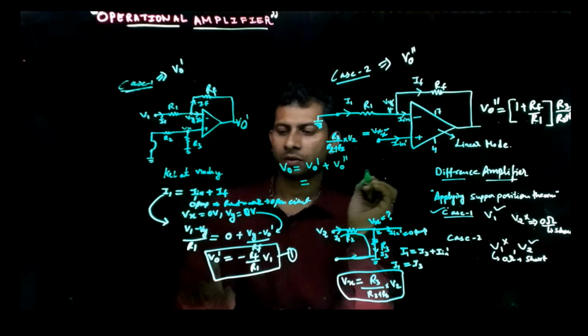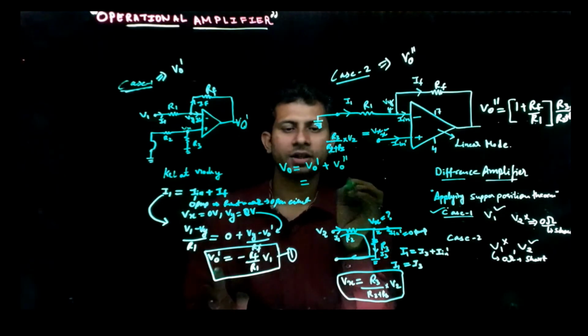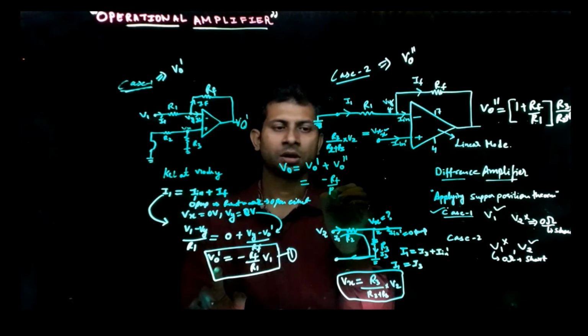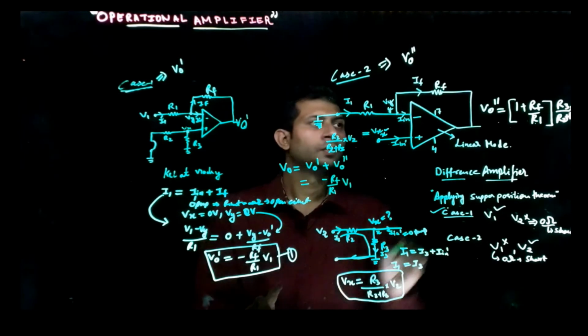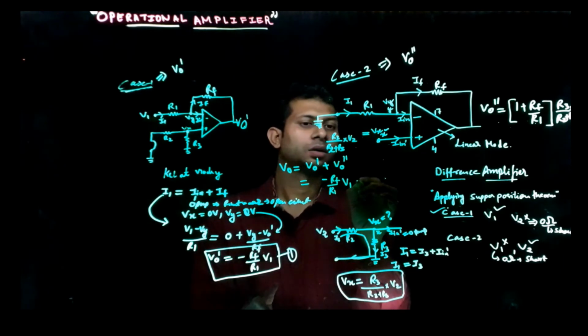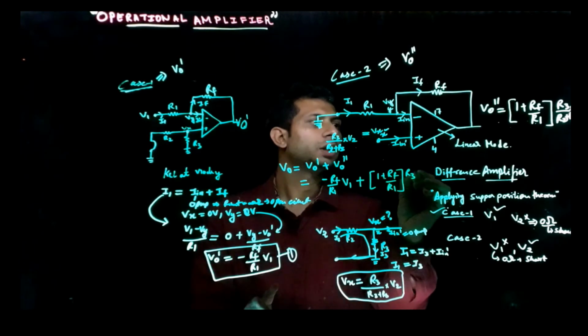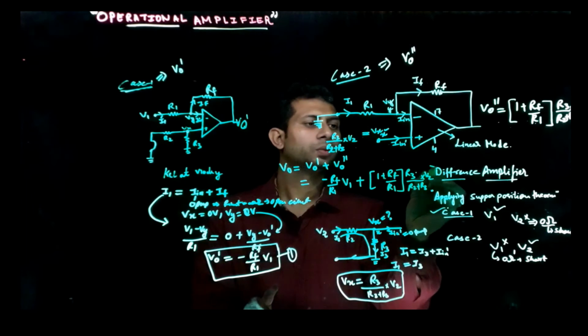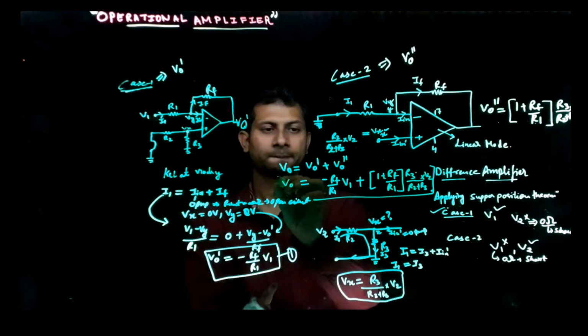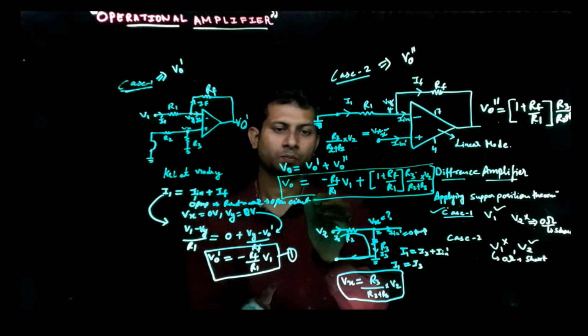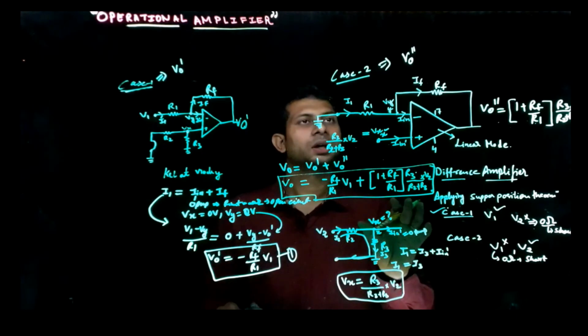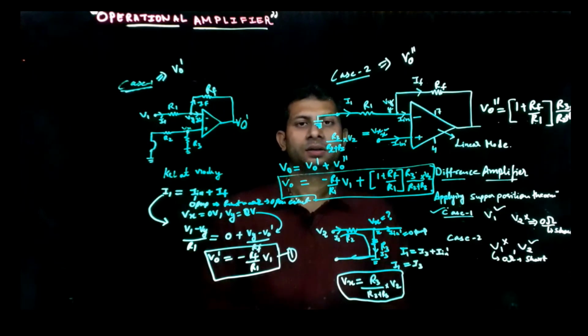From equation number 1, we have V0 dash, which is minus Rf upon R1 times V1, and V0 double dash is equal to plus 1 plus Rf upon R1 times R3 upon R2 plus R3 times V2. This is the output of the difference amplifier circuit.